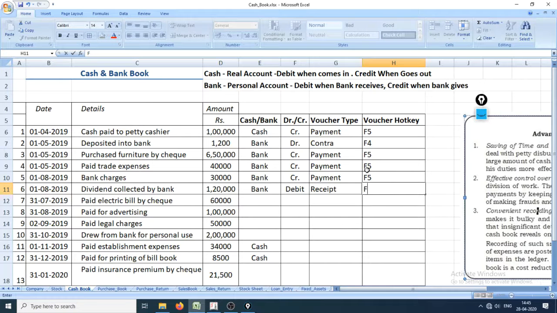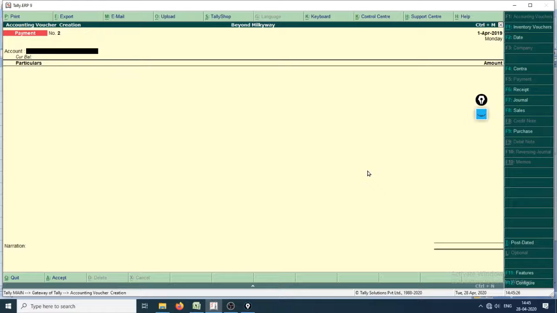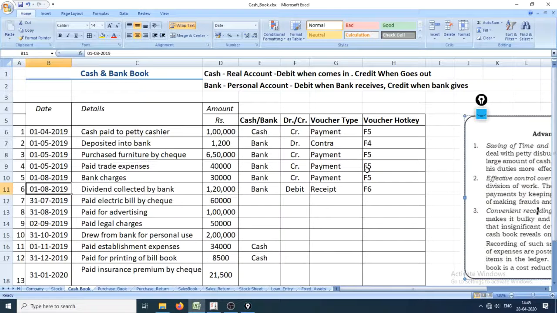The date is 1st August 19. Let's change the date. 1st August 19. Citibank and, yeah, F6. Citibank, and how much is the amount received?